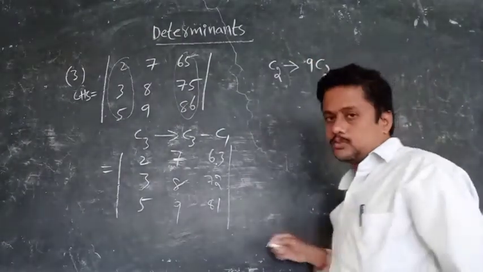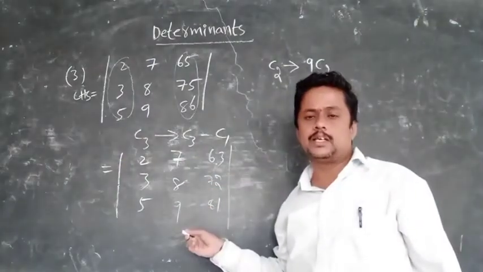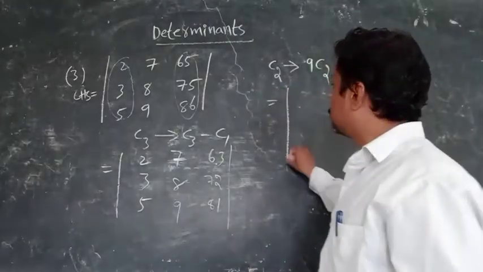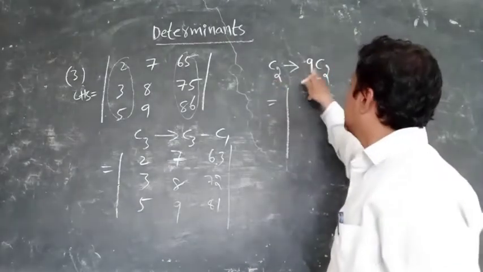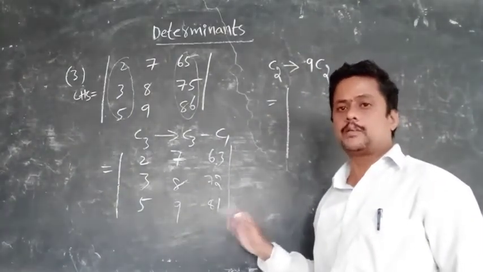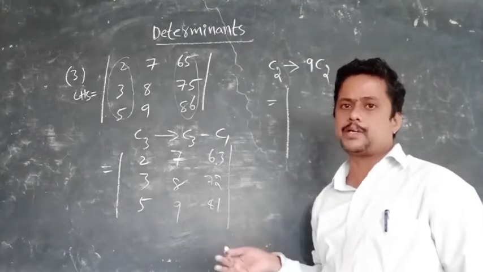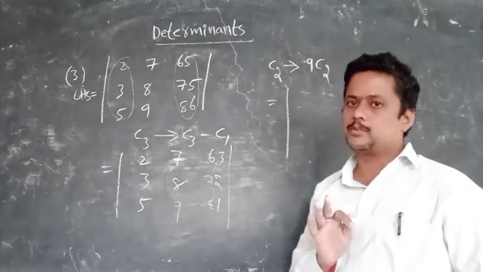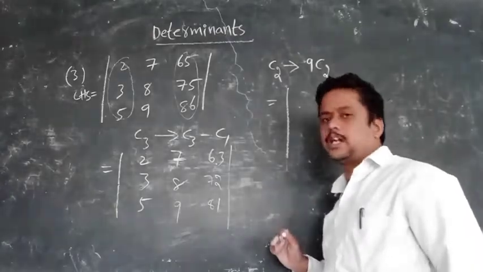Each element of C2 is multiplied by 9. So C2 is changing by being multiplied by 9, but the value won't change. No problem, the property is there: if you multiply any particular row or column by a number, the determinant will remain the same. You can do it like this. No problem for the determinant answer.